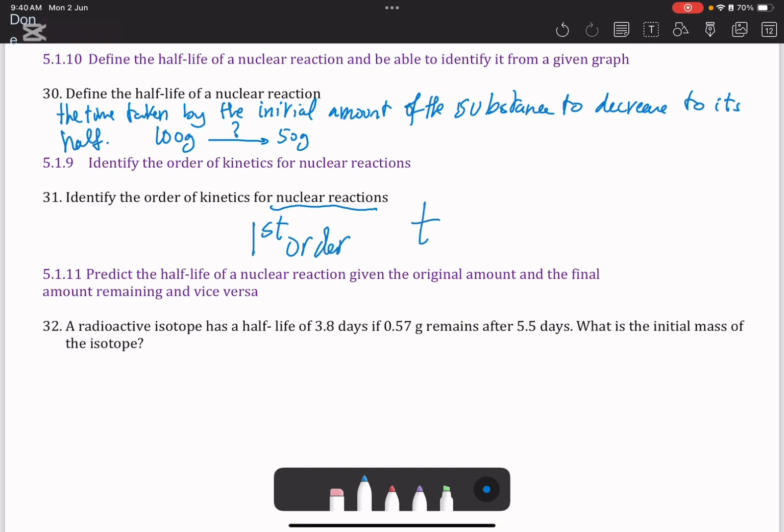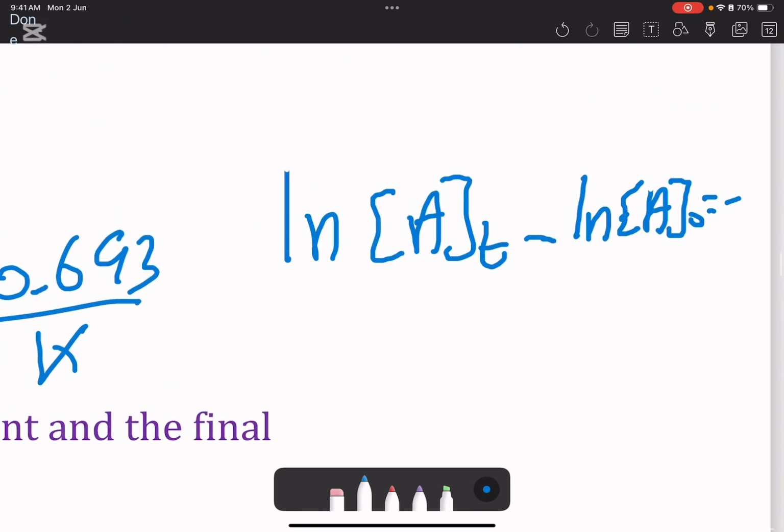In your formula sheets, you have these formulas. T half equals 0.693 over k, and you have ln. The first order, I'll just tell you, it's the second one given in your formula sheet, because the first one is zero order, so the second one, that's the first order in the integrated laws, ln A minus ln A initial equals minus kt.